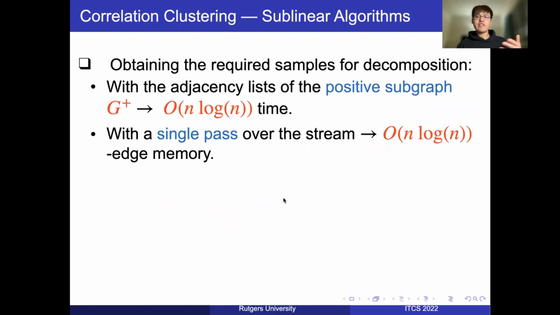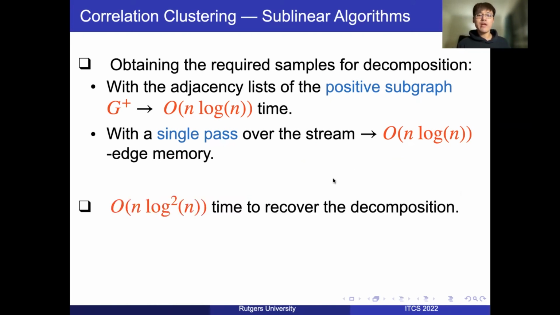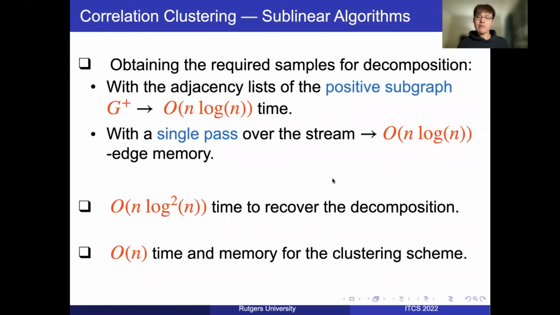With the adjacency list of the positive subgraph, we can obtain the required samples in order of n log n time. In a single pass over the stream, we can do this in order of n log n memory, spend order of n log square n time to recover the decomposition, and order of n time and memory for the clustering scheme. Okay, good.